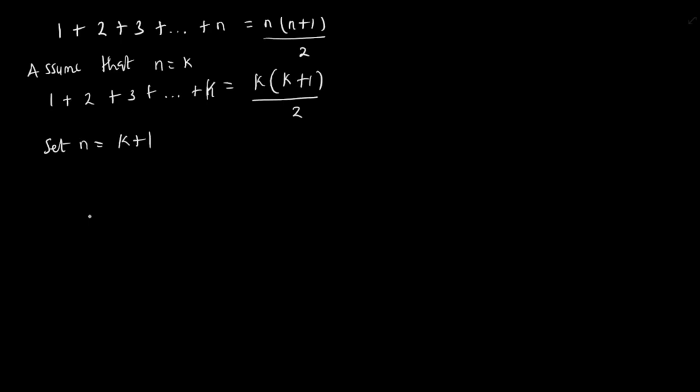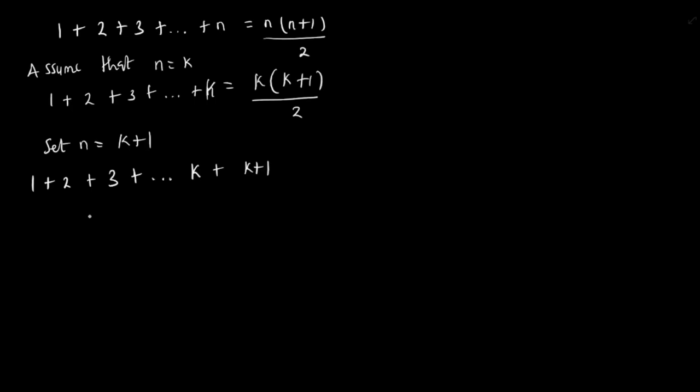So now this equation becomes 1 plus 2 plus 3 plus all the way to k plus k plus 1. The reason we add k plus 1 is that we set n equal to k plus 1, which is the next value of n.